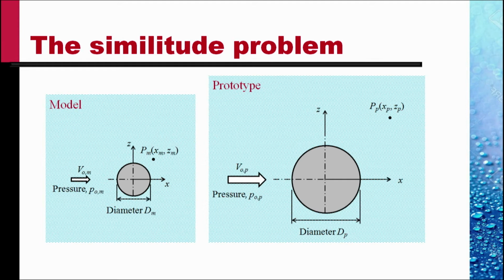Then we do our experiment with the model for a given value of velocity V_m, m for model, atmospheric pressure p_m, m for model, diameter d_m for model, and then from this predict what would be the results on the prototype.